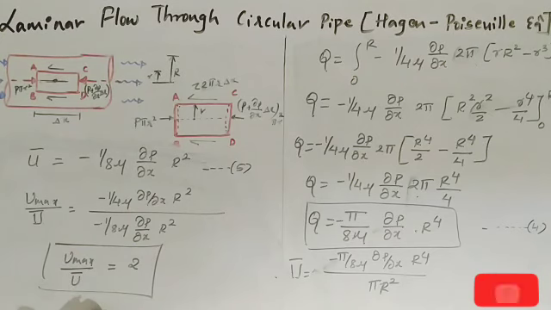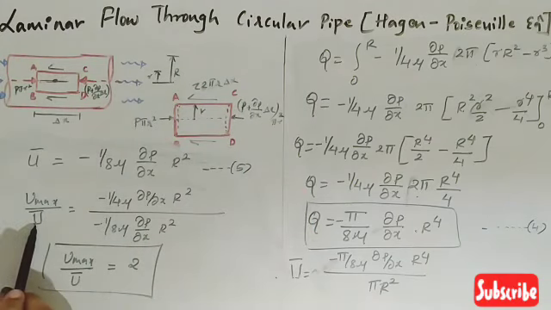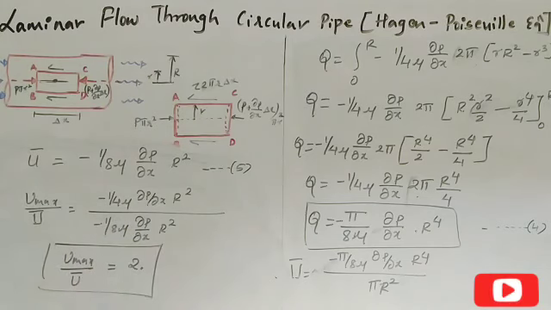So if you want to derive this, you need to identify the velocity distribution, then the shear stress distribution. After that you need to identify the maximum velocity, then the discharge, then the average velocity. Then if you divide maximum velocity by average velocity, you will get a ratio, that is 2. Okay, u max divided by average velocity will be equal to 2.